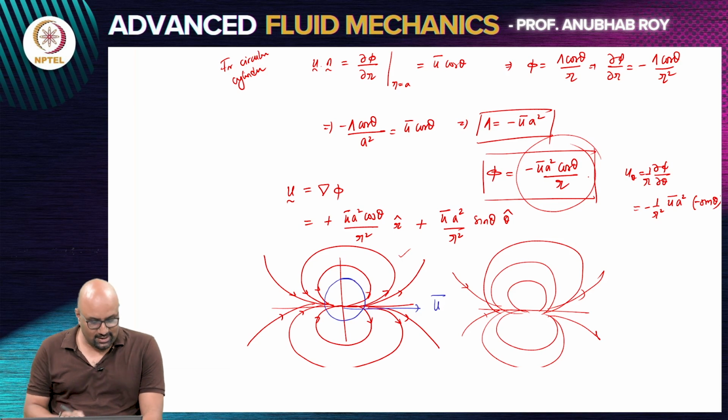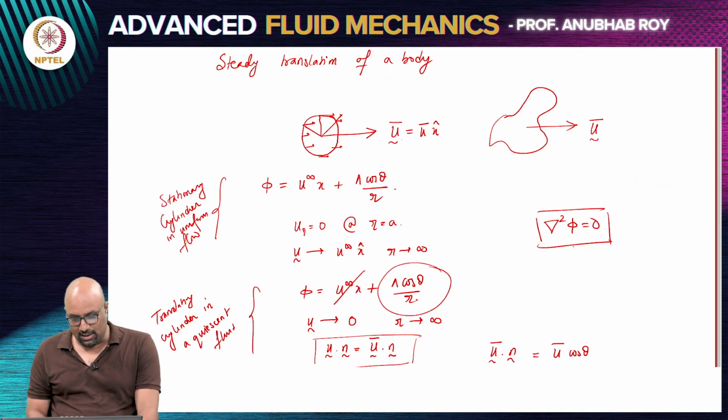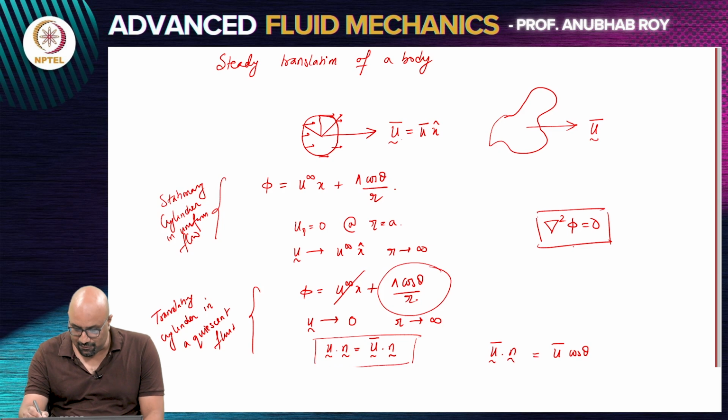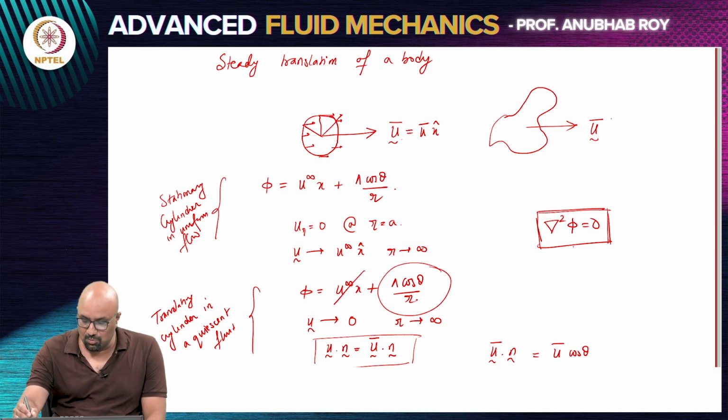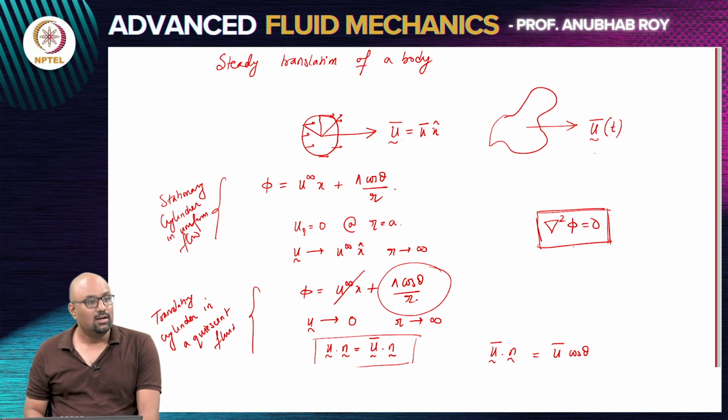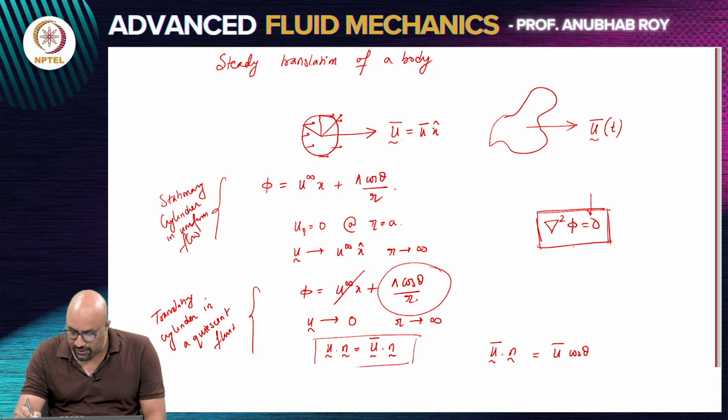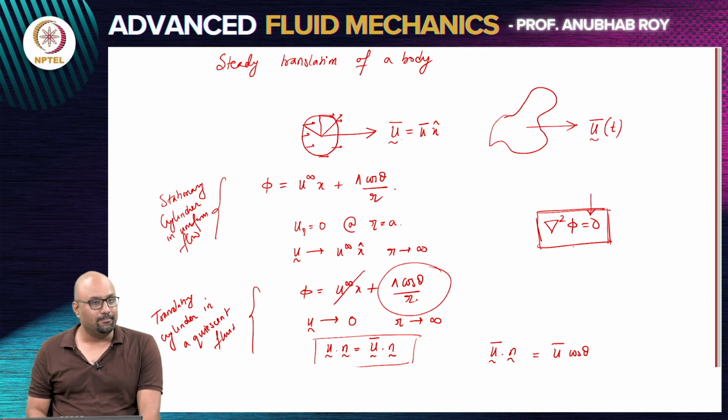Now, an interesting thing which you might not have paid a great deal of attention to is the fact that even if the cylinder was to move as a function of time, and was not moving with a constant velocity, the equation that we solve continues to remain the same.